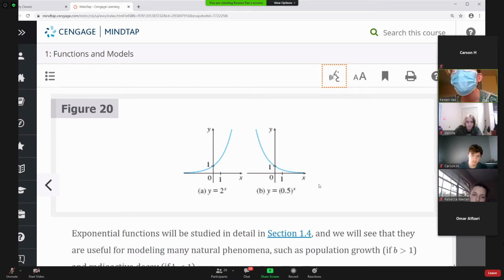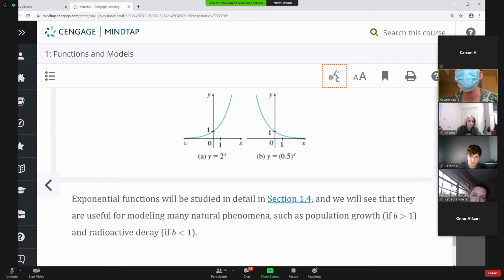This is a decreasing function. Both functions are neither even nor odd. But this one is increasing and this one is decreasing, depending on the base. So remember, for b larger than 1, the function is increasing. For b less than 1, it is decreasing.